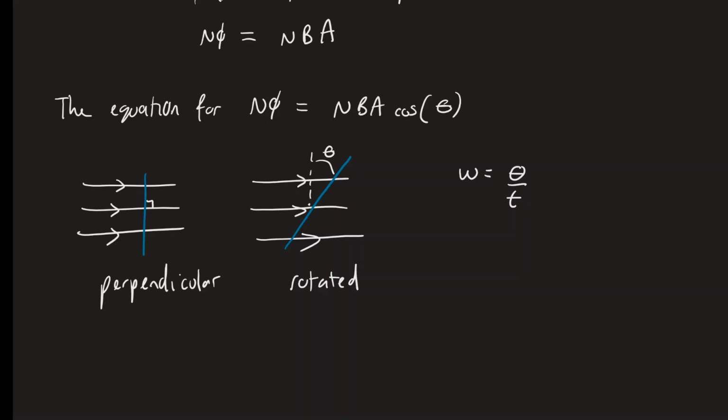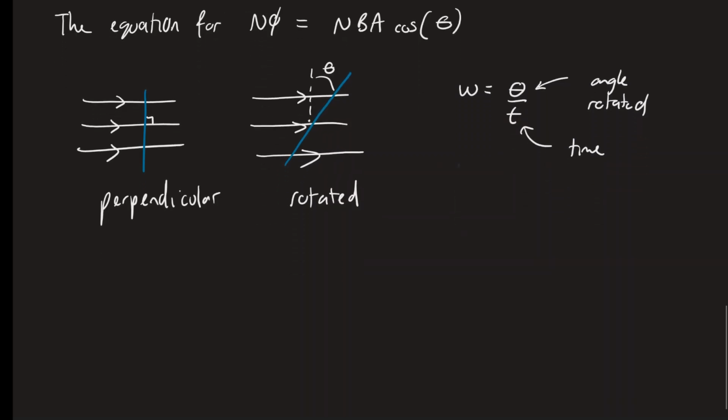It's the angle rotated, divided by the time it takes to rotate through that angle. So we can rewrite the equation up above as N B A cos omega t.